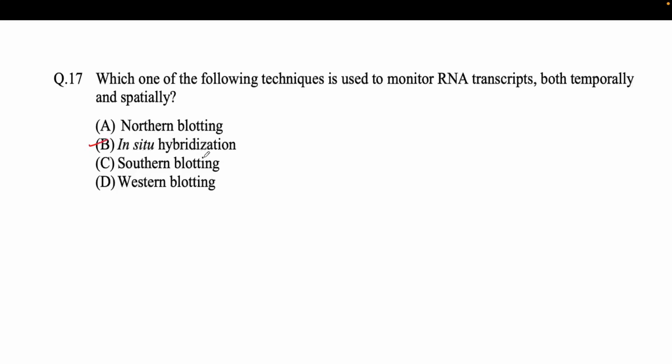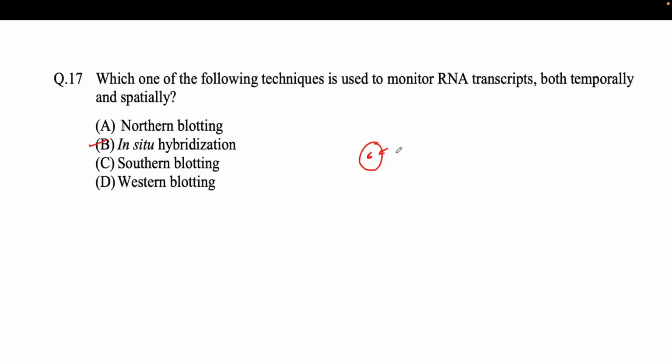It is the same thing, but instead of doing the whole process outside of the cell, you are doing it inside of the cell. You first transfect the probe inside the cell, then this probe will go and bind where the nucleic acid is present because of complementarity, and it will give some kind of signal.